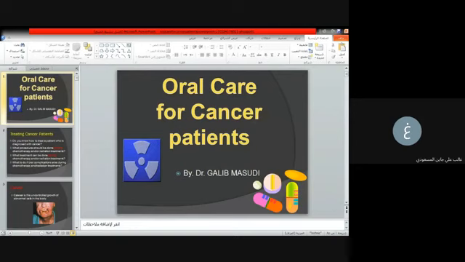So we have to be careful when we take the history and a female has breast cancer and is treated by an estrogen reducing factor or bisphosphonate.